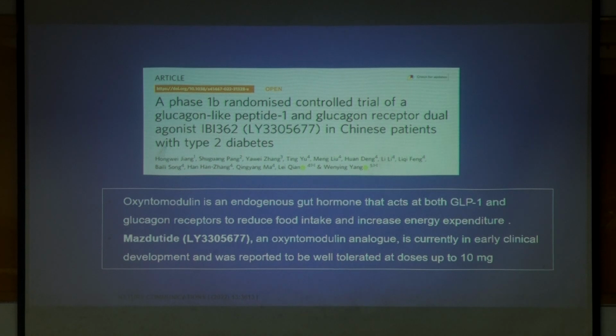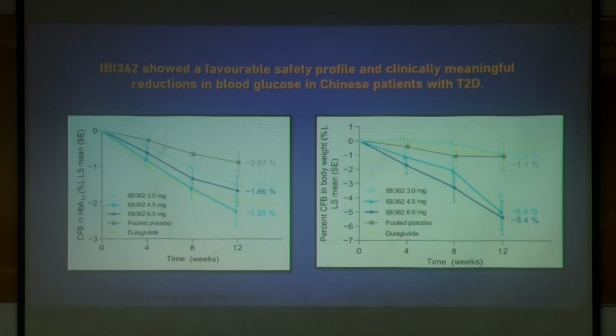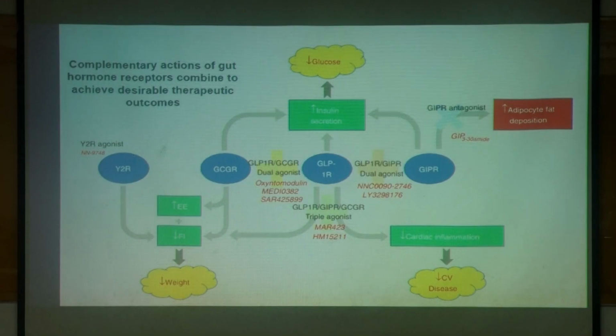They reduce food intake and increase energy expenditure, and this oxyntomodulin analog is currently in clinical development and reported to be evaluated at doses up to 10 milligram. And there is another molecule which had a favorable safety profile and clinically meaningful reduction in blood glucose in Chinese patients with type 2 diabetes.